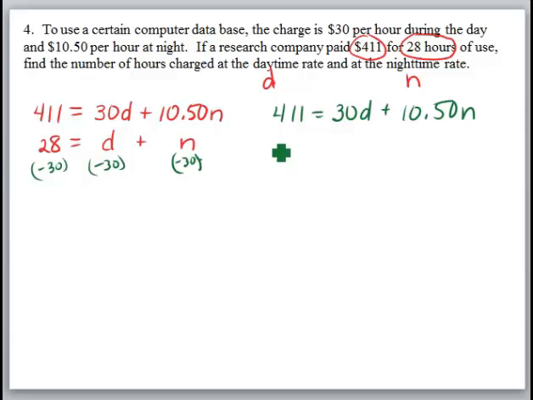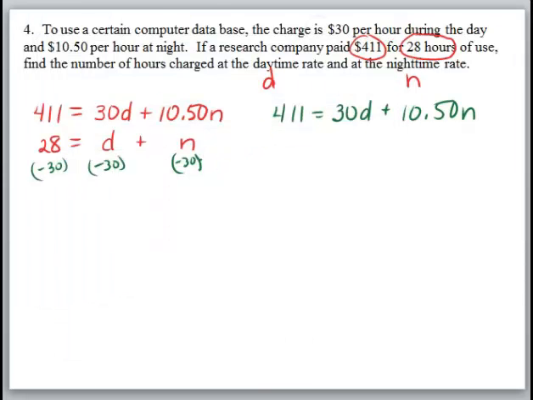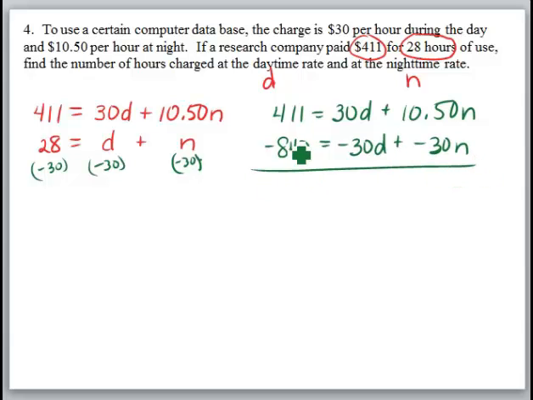My second equation becomes 28 times negative 30, which would be negative 840, equals negative 30d plus negative 30n. When I add those together, I'll end up with negative 429. Those fall away, and this will give me negative 19.5 n.